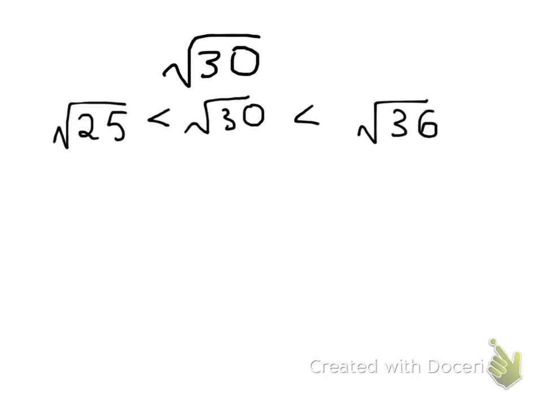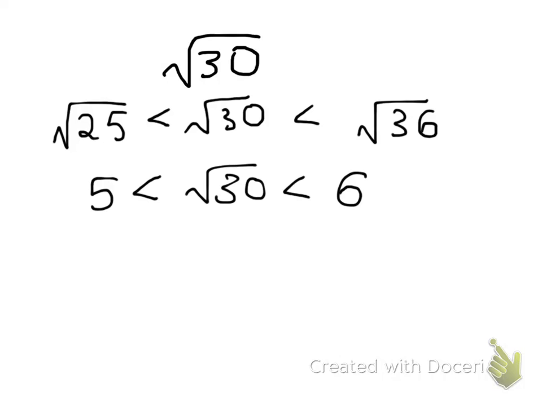So the square root of 25 gives you 5. And the square root of 36 gives you 6. Now in this, we don't include the negative because we're just trying to estimate. So since square root of 30 is closer to square root of 25, the answer is less than 5.5.